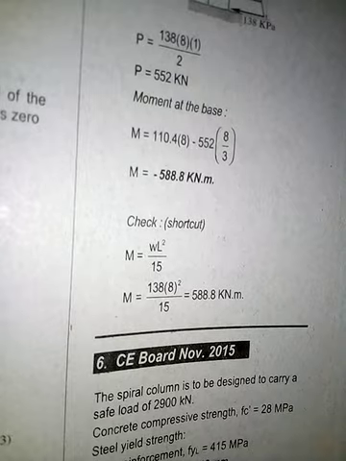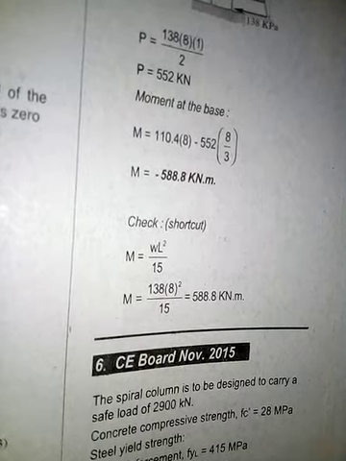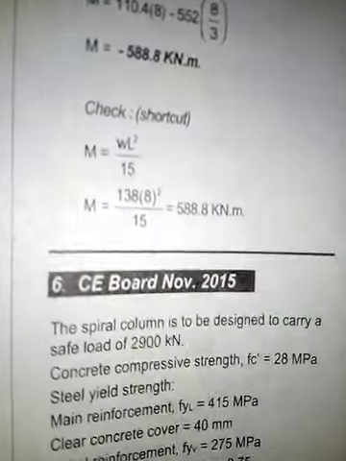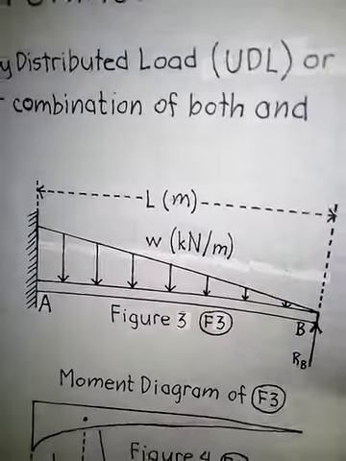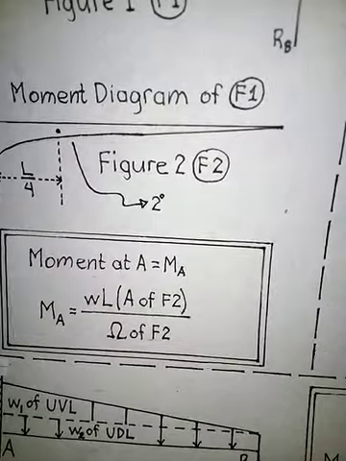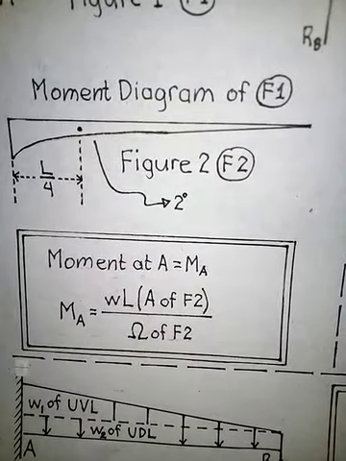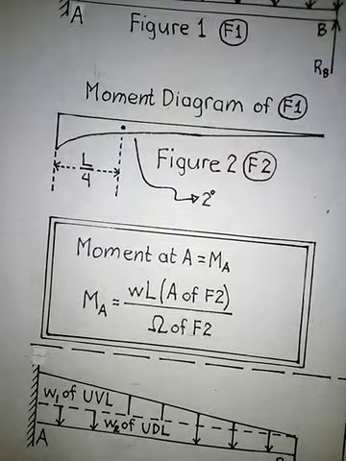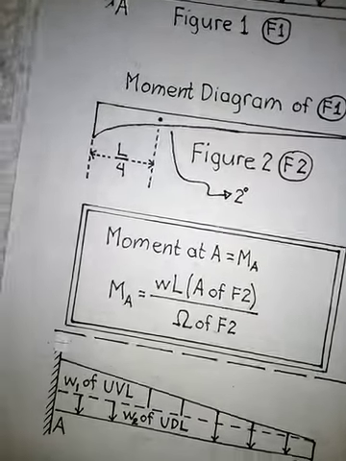So to sum it up, I have here the summary of my formula. The summary of my formula is also similar to the summary of the formula that I use in the uniformly distributed load. So whether it is a uniformly distributed load or a uniformly varying load, you will just memorize one formula.